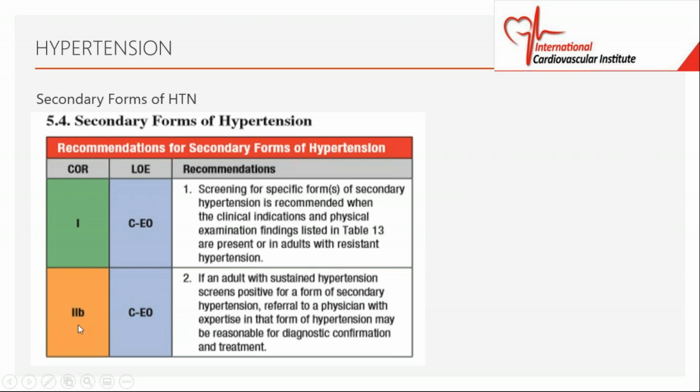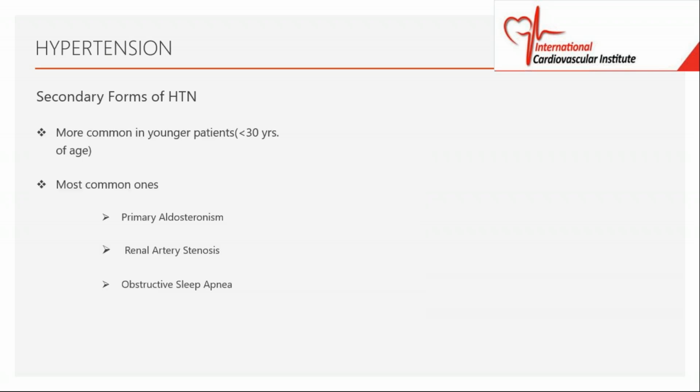What they're saying is, if you find the patient to have, say, Cushing's, which can give rise to a secondary form of hypertension, then you need to refer that patient to a hypertension specialist. If the patient is found to have coarctation, you definitely have to refer that patient to the appropriate specialist.